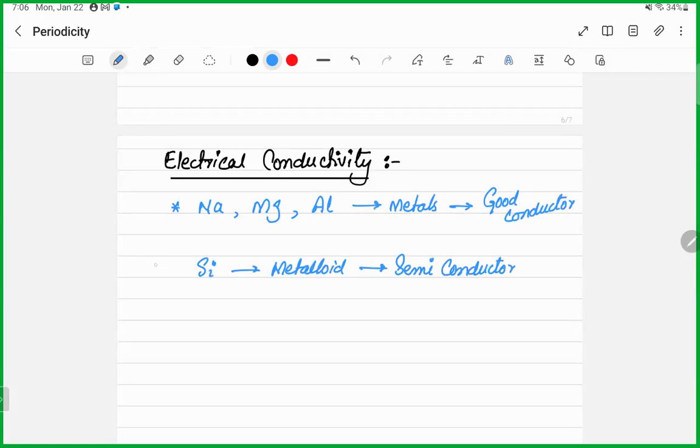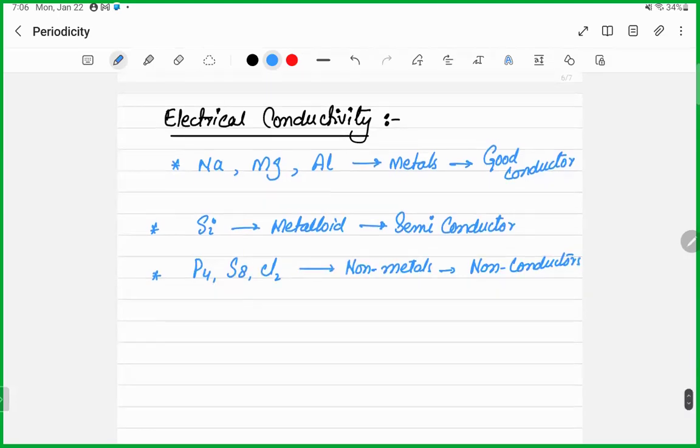In a similar way, आपके पास the last one is phosphorus, sulfur, chlorine. They are non-metals, and non-metals are non-conductors, and they do not have any free electrons. ठीक है. They are non-conductors. तीनों बातें याद रहेंगी बेटा.